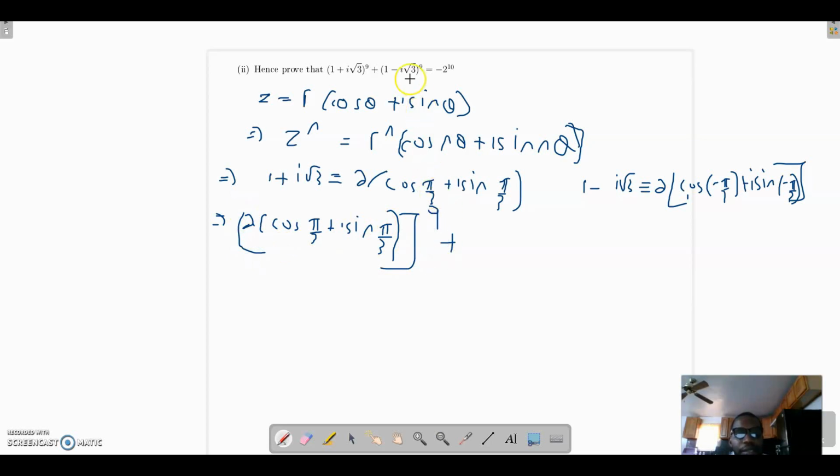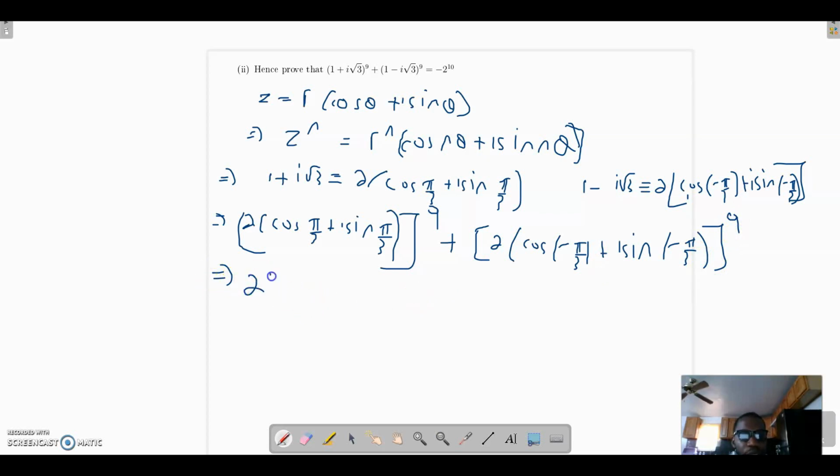Similarly, this is added to the second one, so you're also going to have open brackets. I'm going to have 2 into cos minus pi over 3 plus i sin minus pi over 3, all raised to the 9th power. Alright, now this is where we bring in De Moivre's theorem.